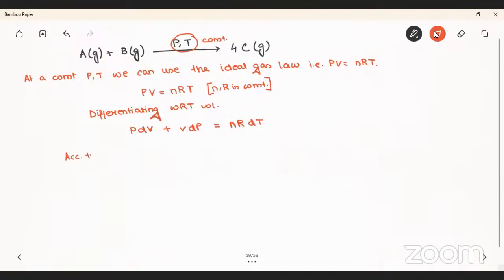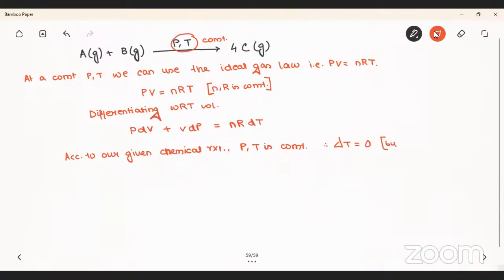According to our given chemical reaction, pressure and temperature are constant. Therefore, dT will be equivalent to 0. This is by the law of differentiation: in differentiation, anything that is a constant becomes 0.